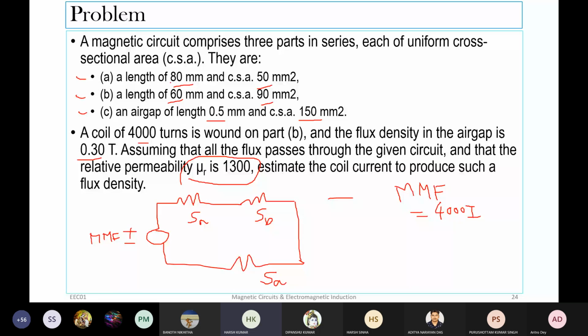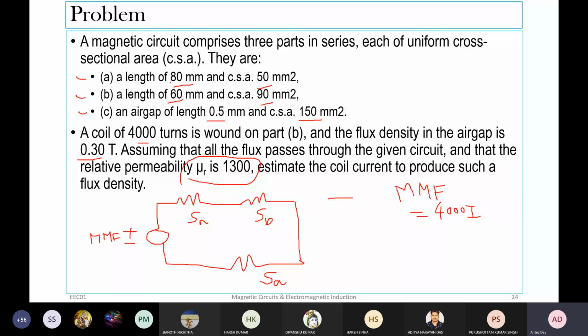For air gap it will be 1. For the other part it will be 1300. This is the air gap part. It should be written as FC. It is my mistake. So FC is your air gap.